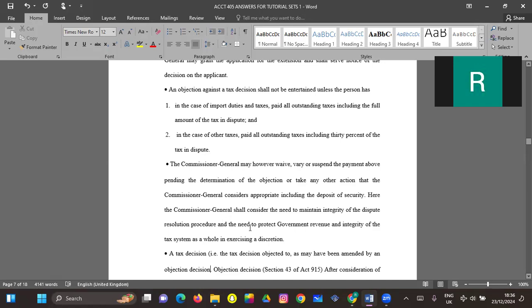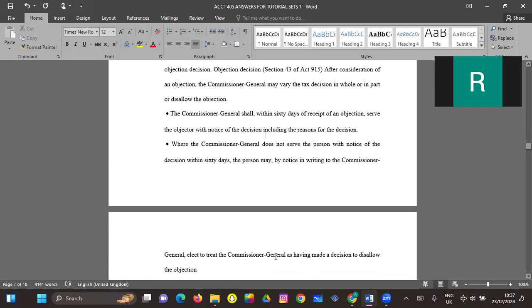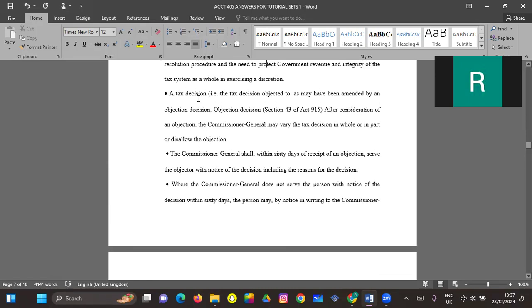Here, the Commissioner General shall consider the need to maintain integrity of the dispute resolution procedure, and the need to protect government revenue and integrity of the tax system as a whole in exercising a discretion. So the tax decision objected to may have been amended by an objection decision.